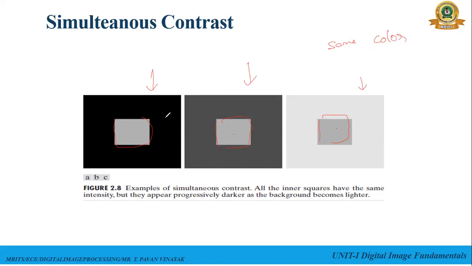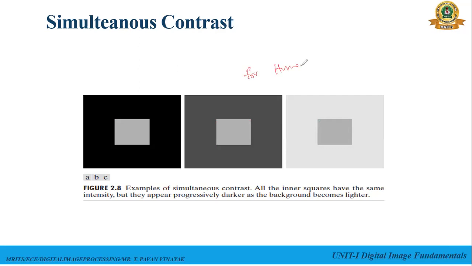Due to the background, here the background is very black, so it appears like white color. Here, some more light. Here, it looks like black, or some gray color, but all intensities are the same. Due to the color variation in the background, the foreground color varies for the human eye only.